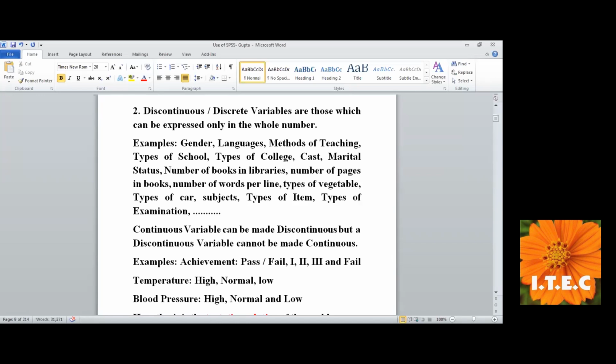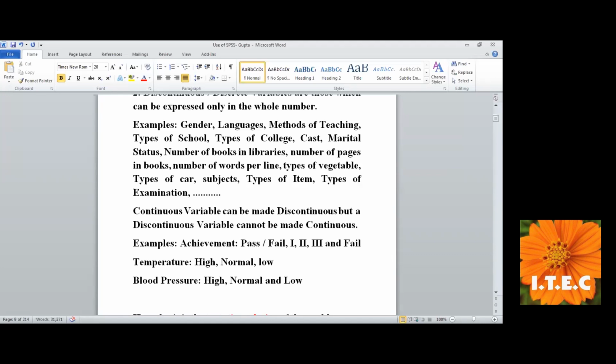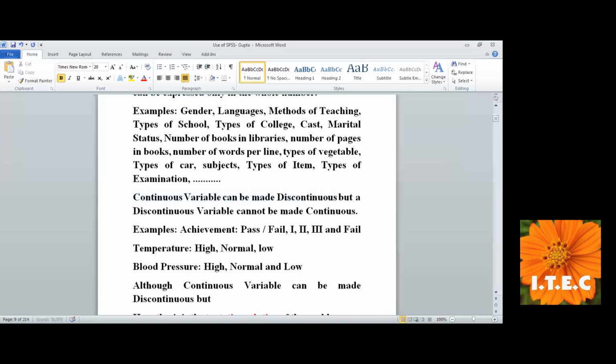but the basic nature of the variable cannot be changed.